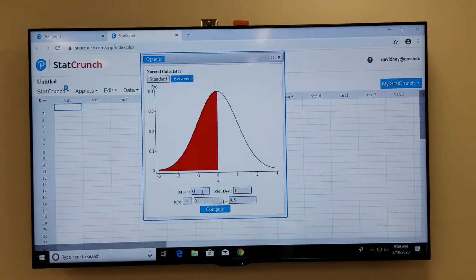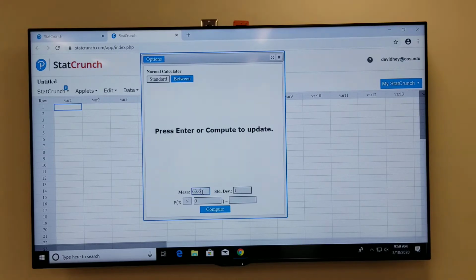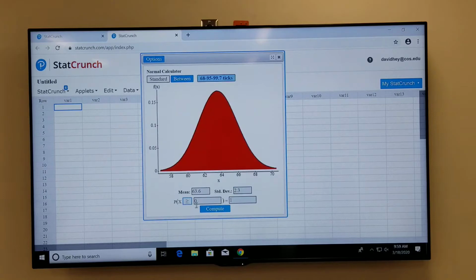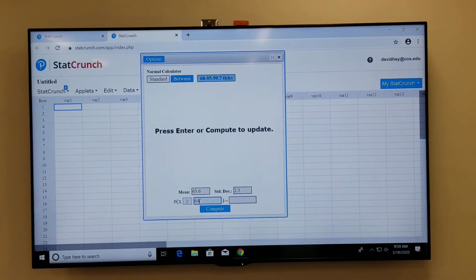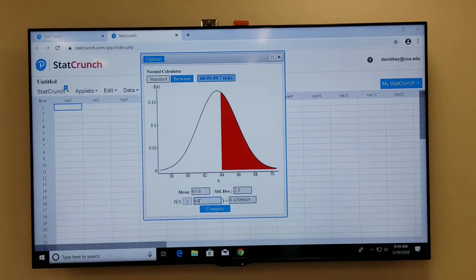We'll put in 63.6 for the mean and 2.3 for the standard deviation. Now we're looking for the probability that this woman is more than 64 inches tall. Rounding that to 4 decimal places, that's about 0.4310.